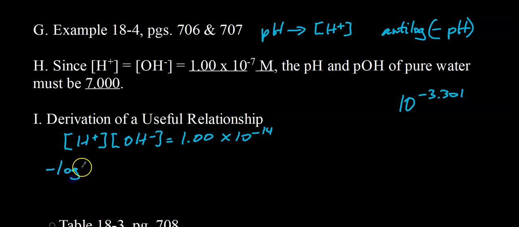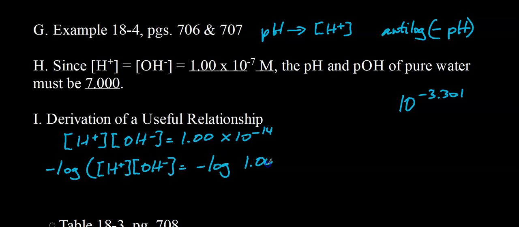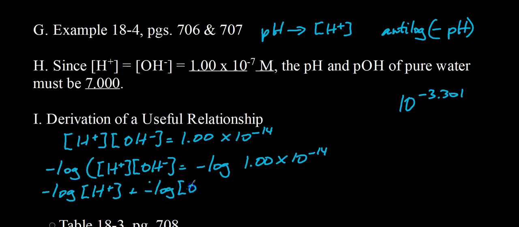So negative log of H plus times OH minus equals negative log of our KW. And we get negative log of H plus, because we're multiplying, right? Plus negative log of OH minus equals negative log of our KW.